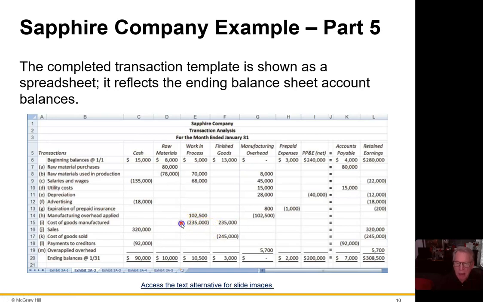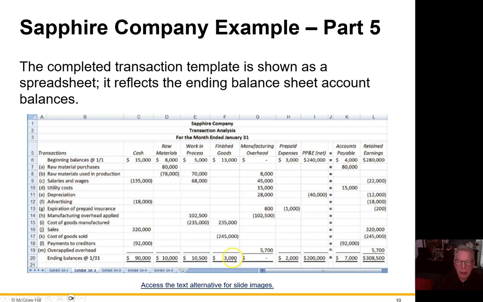You can see that it came out of work in process inventory here. And it also had a $13,000 beginning balance. So our cost of goods sold was $245,000. And so that left us an ending balance in finished goods inventory of $3,000.